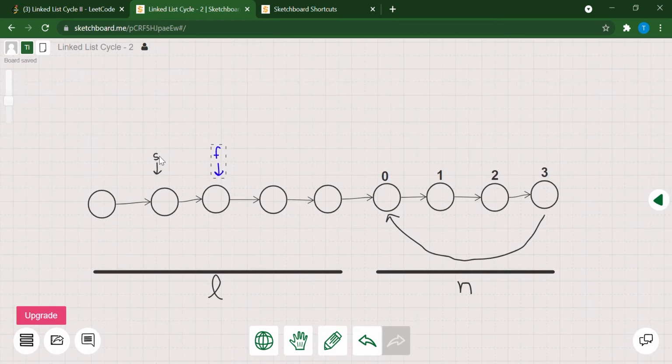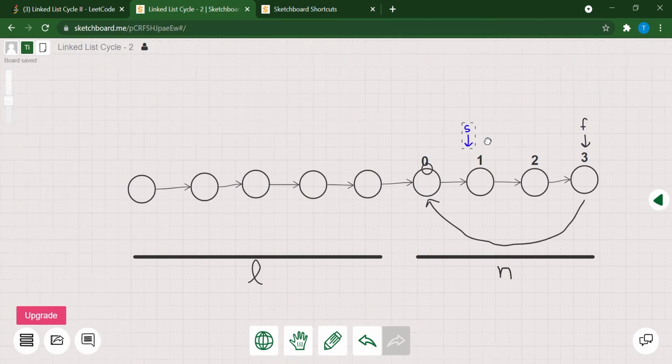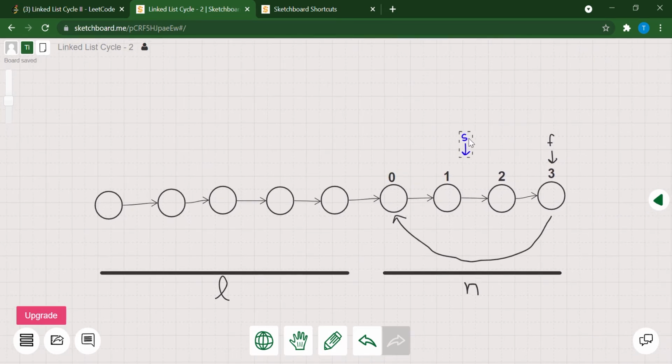the slow pointer moves once, the fast pointer moves twice, and we repeat this, the slow pointer moving once and the fast pointer moving twice, until they end up on the same node.